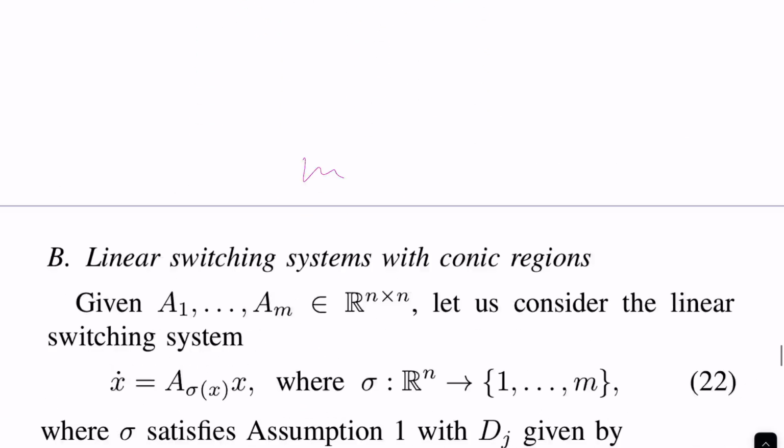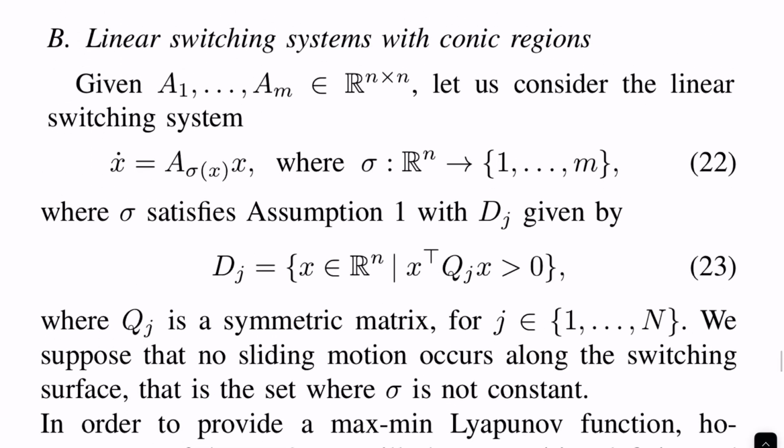In this paper it is stated: linear switching system with conic regions. These are the type of partitioning. Here we are given a set of Qj matrices, each of which corresponds to a Dj set, which is a sub-region of the state space. This is our system, and this is the switching mechanism.